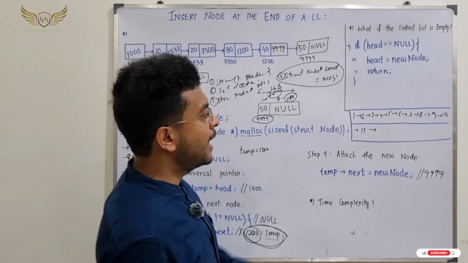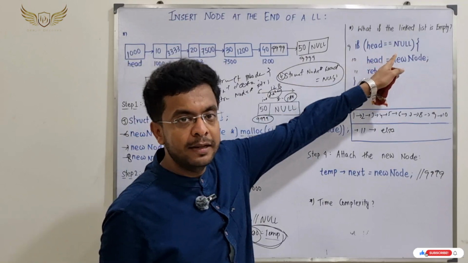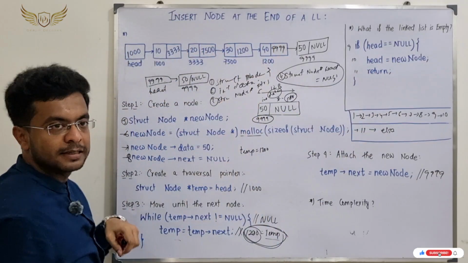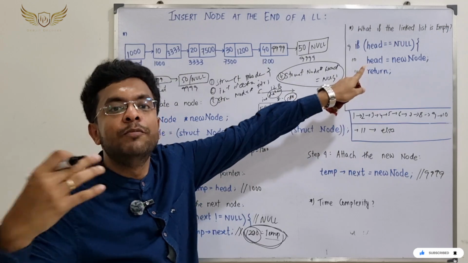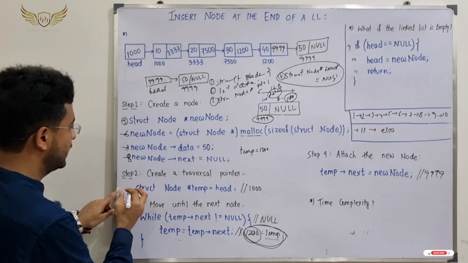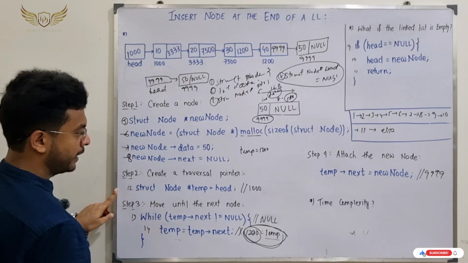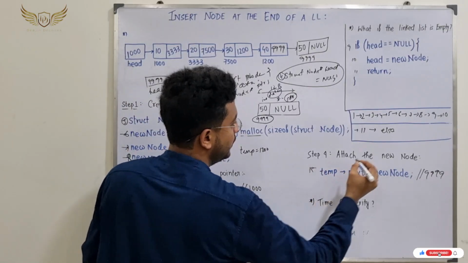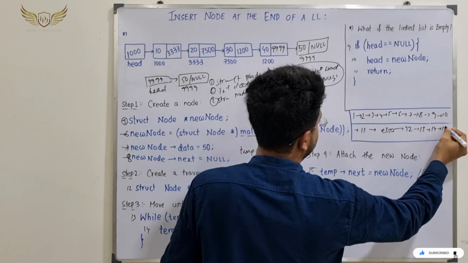Then there will be an else part, that is, head is not null, that is, there is an already existing linked list, right? In that case, head is holding some value, or there are some nodes already existing. Then you take a temp, which is 12, 13, 14 and 15 and so on.